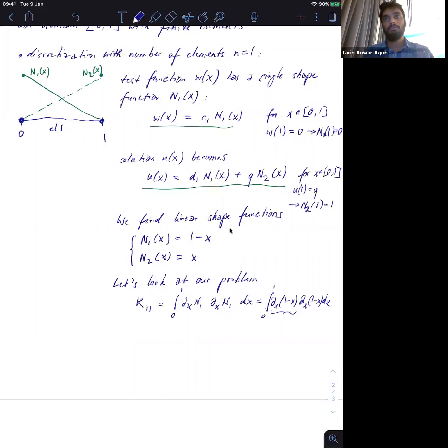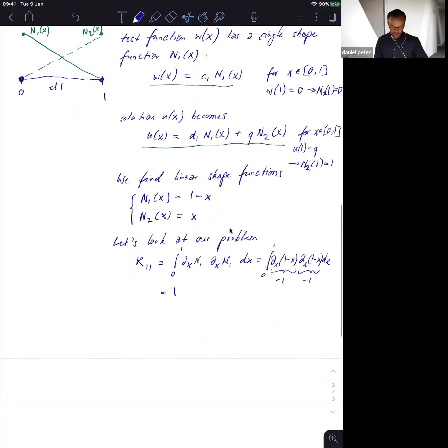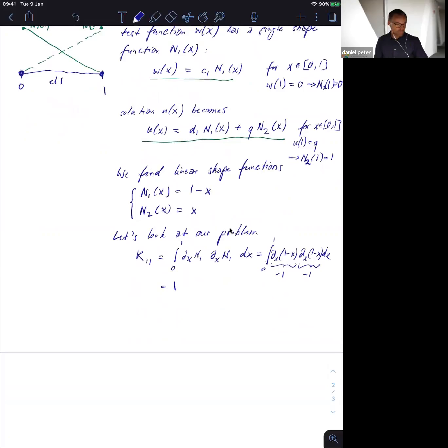Minus 1, times again minus 1. So integrated over 0 to 1, that gives us 1. Yes. Good, so that's the stiffness matrix already.